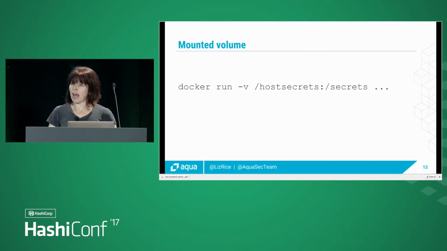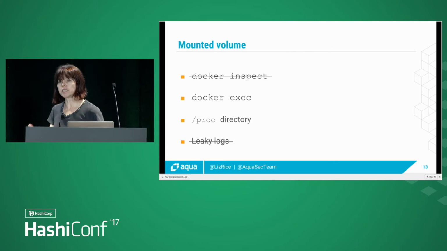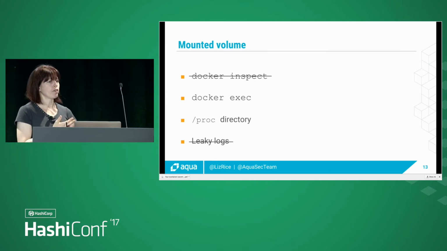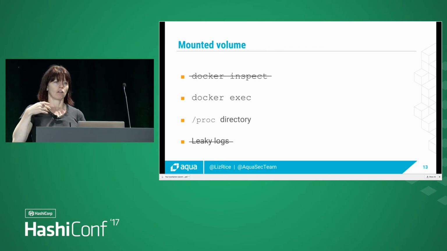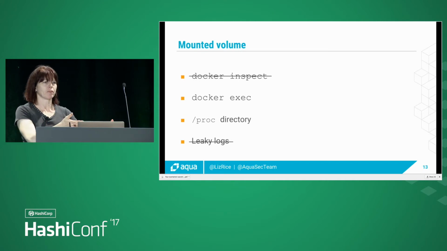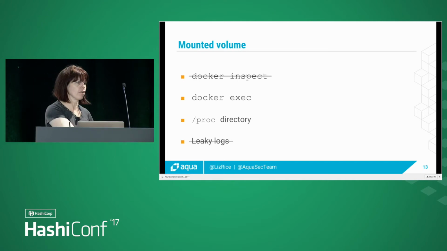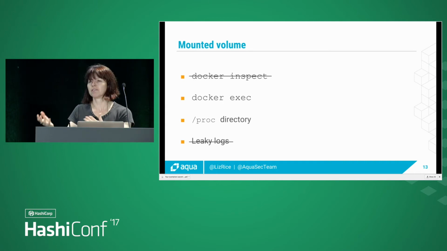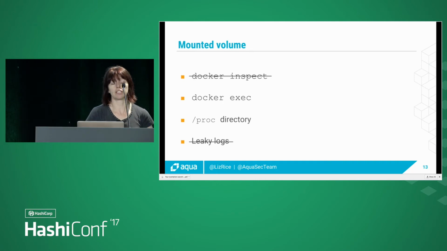How does this compare in terms of ways that people can get to those secrets? Well, the Docker inspect thing goes away. If I run Docker inspect, I can see the fact that volumes are mounted, but you don't automatically get a dump of all the files inside those volumes. So people can't just easily grab your secrets by running Docker inspect.